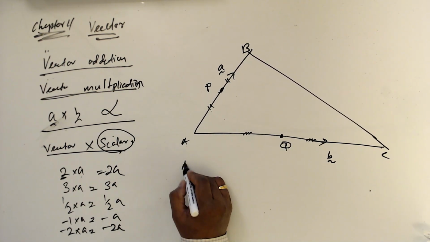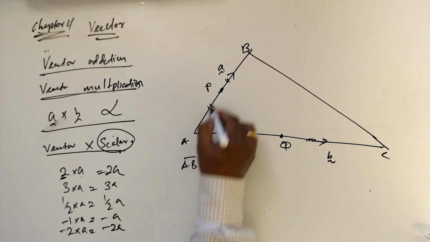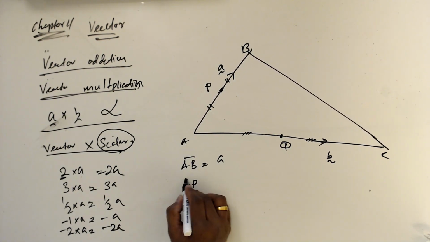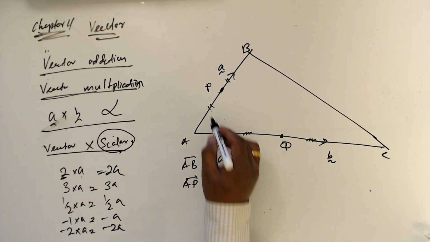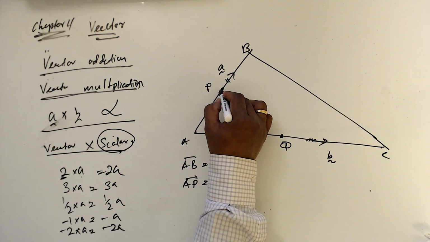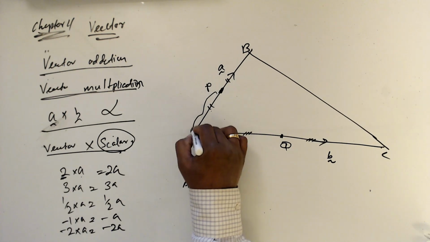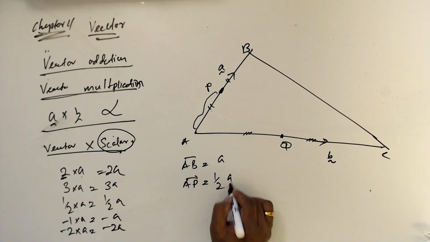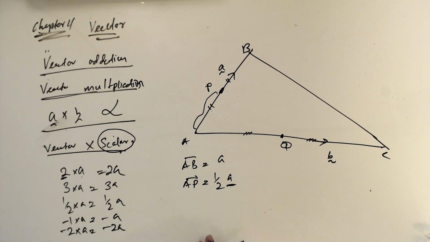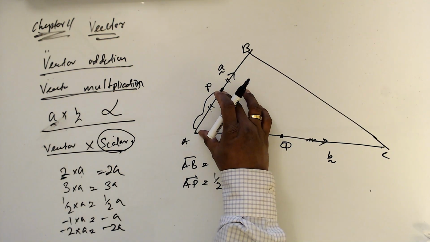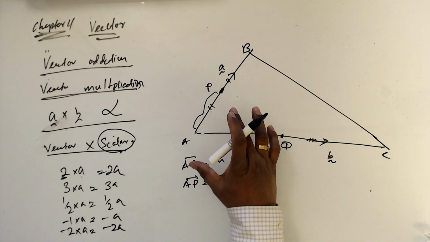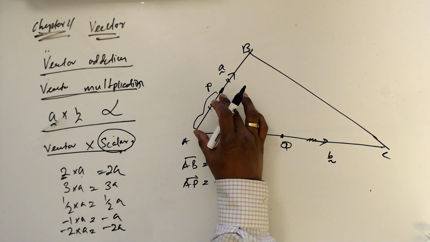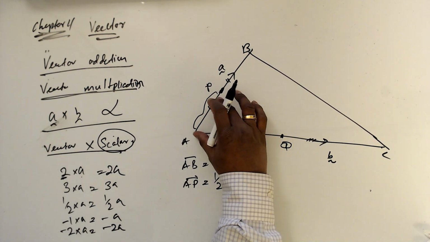Now what is AB? AB is A. What is AP? Can you see this is half of AB? Then you can write half of A. AP has the same direction as AB, and we know this is half and half.